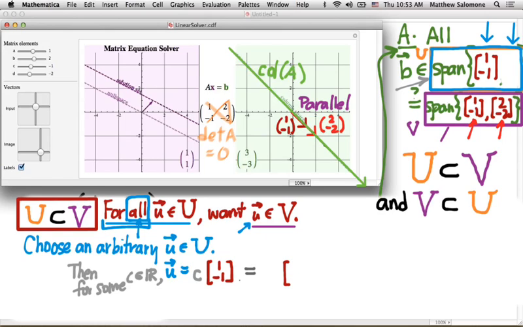So here's what I mean by that. In order to prove the claim that u belongs to V, I need to show that there are coefficients such that u is equal to some coefficient times (1, -1) plus some coefficient times (2, -2).